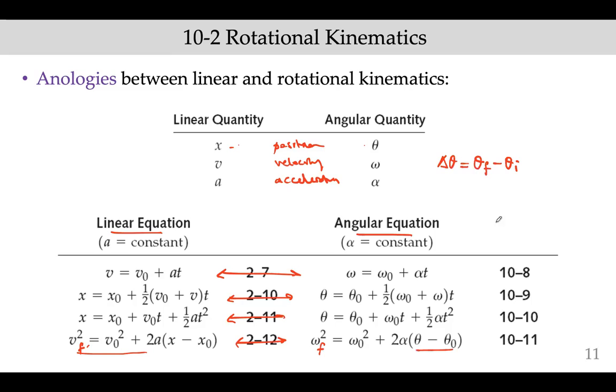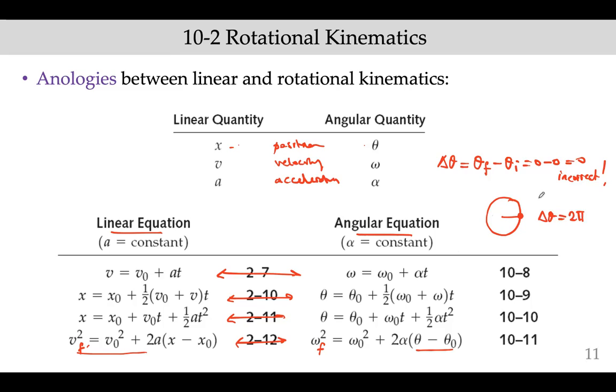Now you have to be careful about this. So let's say we have a wheel, okay? And let's say there's this point here, and let's say it makes one full rotation. If you just look at the positions, it comes back to the original position, which is 0 degrees. So if you write 0 minus 0, you get 0, but that's incorrect. Because it made one full rotation, the correct answer here is 2 pi.